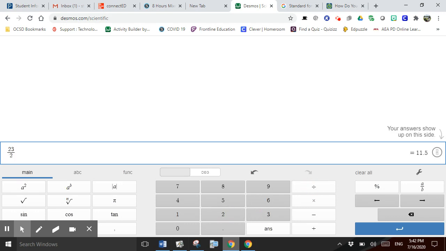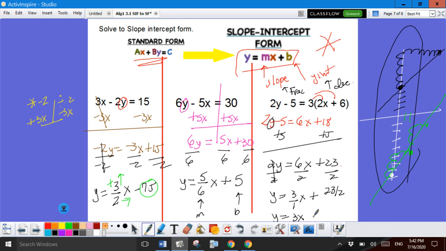That's 11.5. So it would make more sense for me to write that as 11.5, because 11.5 I can find on the y-axis. It's pretty hard for me, if I don't know what 23 over 2 is in my head, to know where I'm going to start that graph.